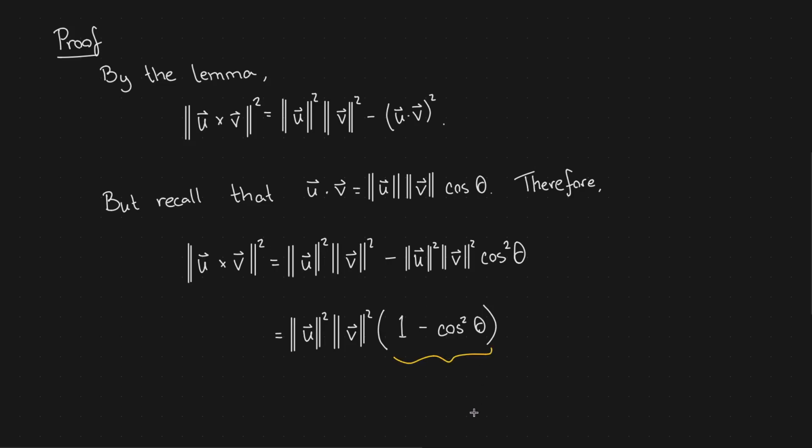It's a Pythagorean identity. 1 minus cosine squared theta is equal to sine squared theta. And we are essentially done.